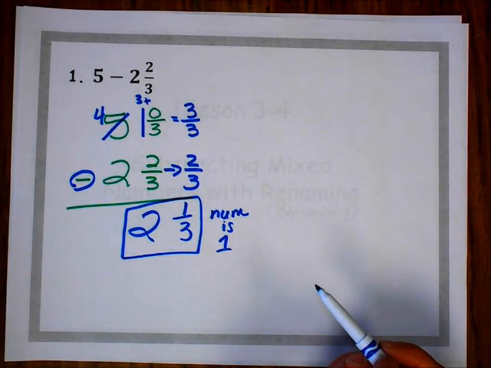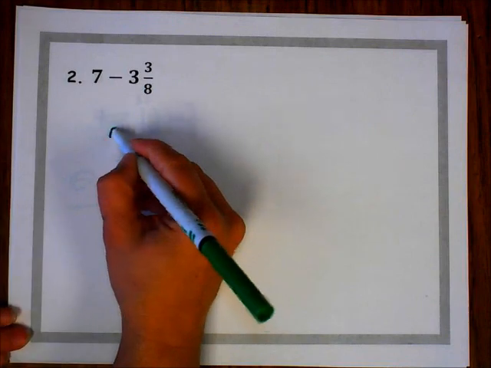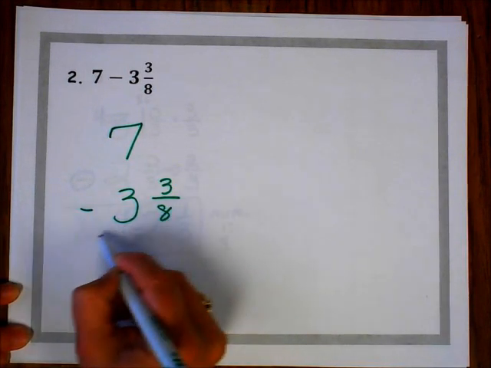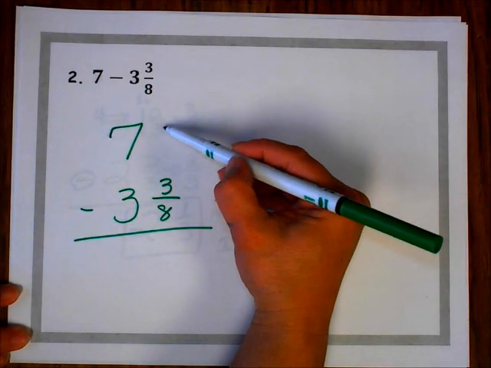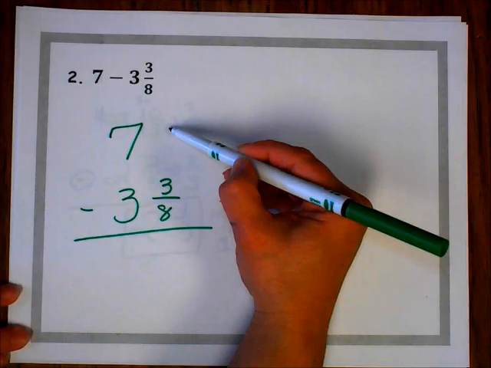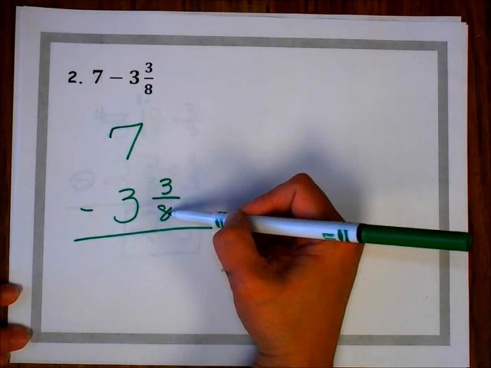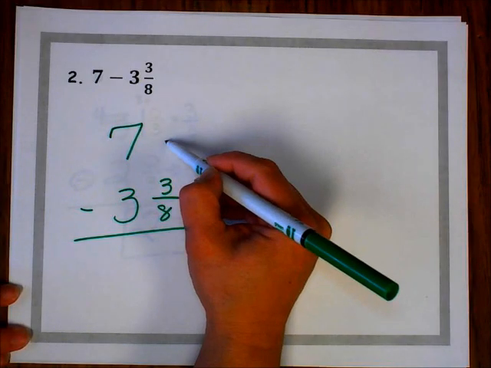Let's try another one together. Number 2, 7 minus 3 3/8. Notice there's not a fraction here for me to try to subtract from, so I'm going to have to add a placeholder. I already have a denominator of 8, so I want my common denominator to be 8.